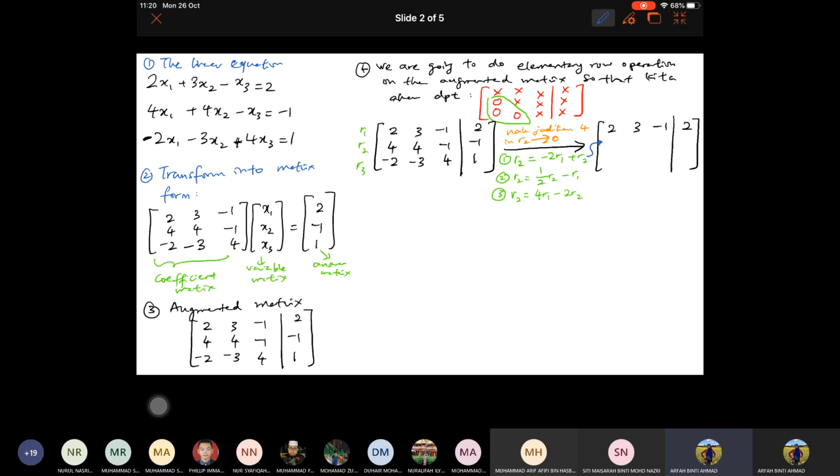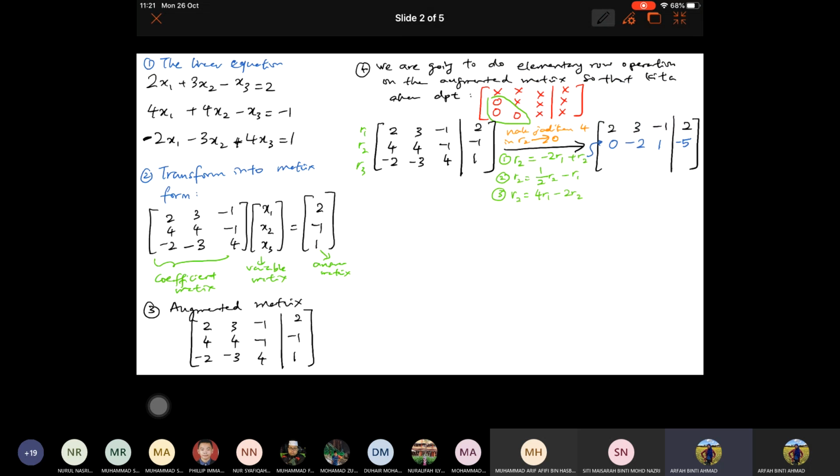So you akan dapat negatif 2 darab 2 tambah 4 is 0 here. Negatif 2 kali 3 is negatif 6 tambah 4 is negatif 2. Negatif 2 darab 1 is negatif 2 tolak 1, you have negatif 3 here. Okay. Negatif 2 darab 2, negatif 4 tolak 1, negatif 5. So dapat ni. 0, negatif 2, negatif 3 and negatif 5. Okay. That is my new R2.